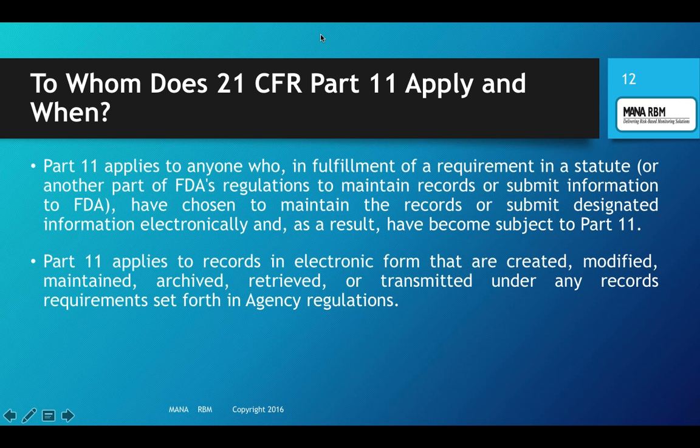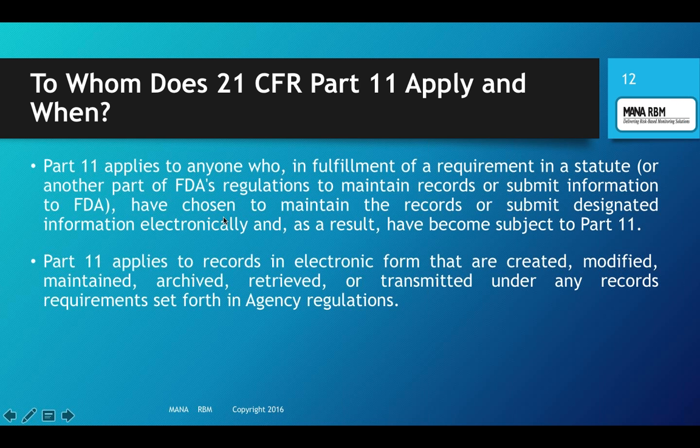So when does it apply? This is out of 21 CFR Part 11: it applies to anyone who, in fulfillment of a requirement in a statute or another part of FDA regulations to maintain records or submit information to the FDA, has chosen to maintain those records in an electronic format.